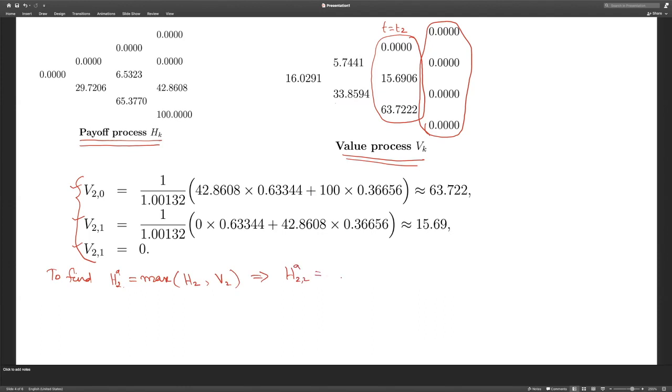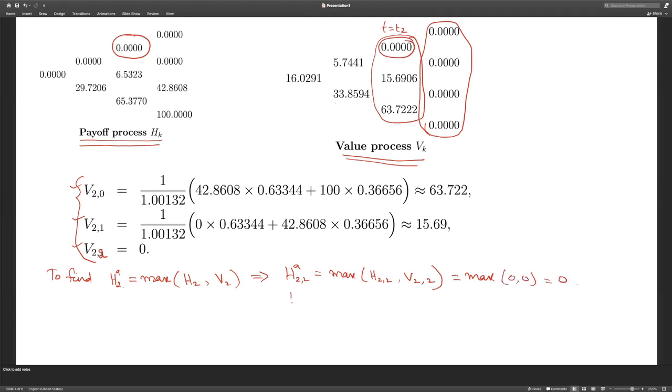So that gives us HA22 to be maximum of H22 and V22, sorry, this is 2 here, and that is equal to maximum of H22 is 0, and similarly V22 is also 0, therefore it is 0.